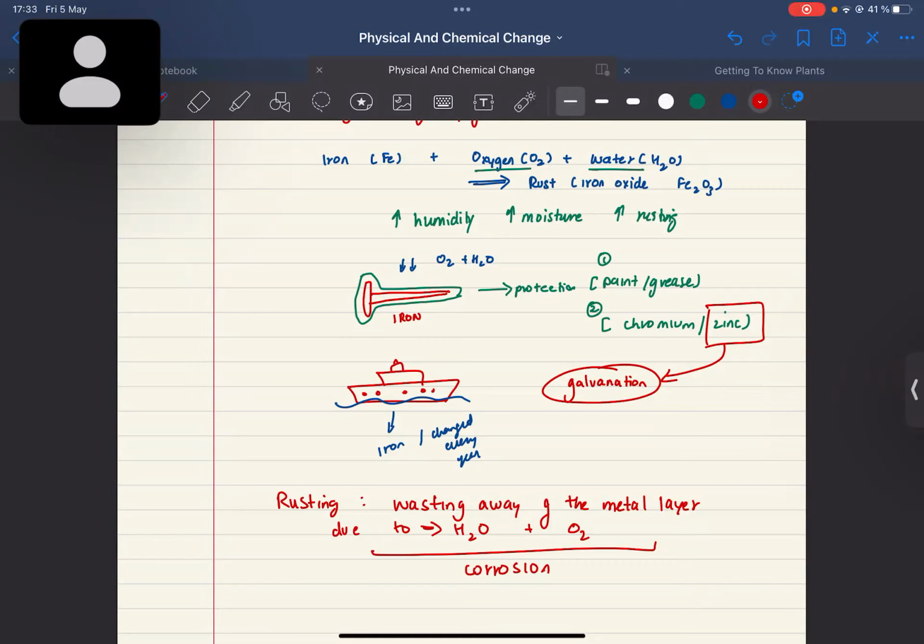Ma'am, what's the third word beside moisture? I mean, beside the word moisture, on the right side.